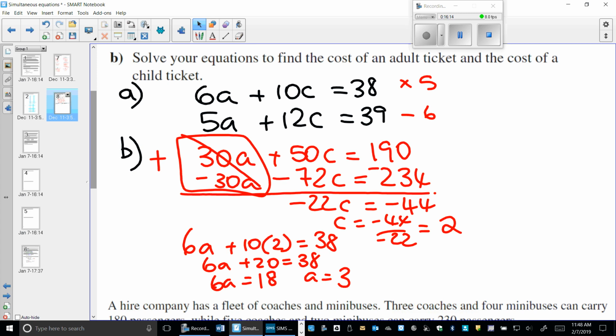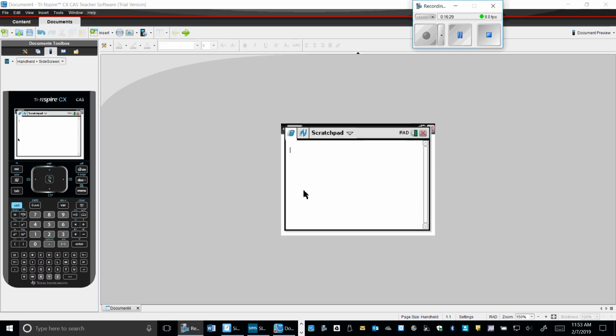Now, would you like me to show you how you can use your calculator to solve these? Okay, ready? Right, so we need to be in the calculator section.